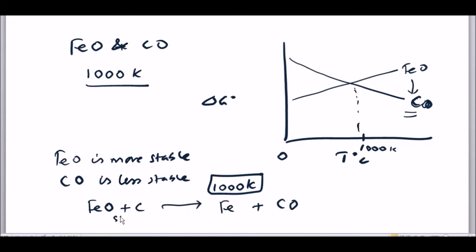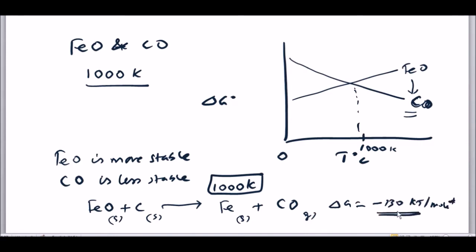It is in the form of solid. This is also a solid, and we can have solid as well as liquid, and this is gas. For balancing the equation, I can write this as follows. It is a self-balanced equation, and the delta G is approximately minus 130 kilojoules per mole for this combination.